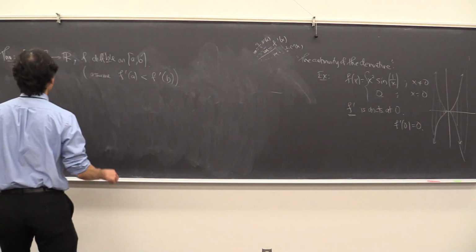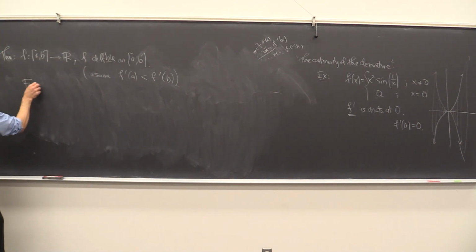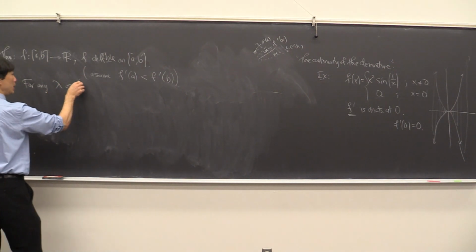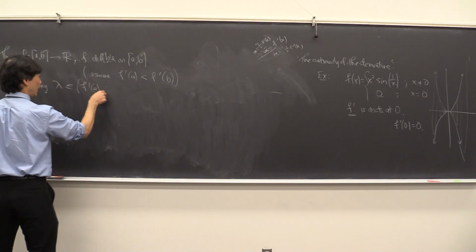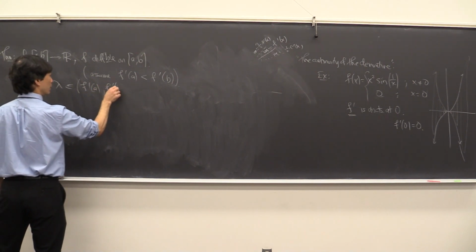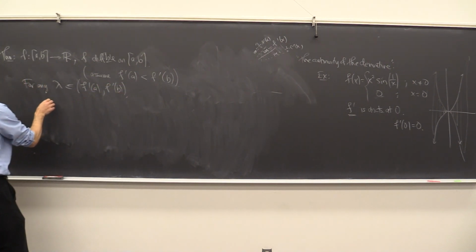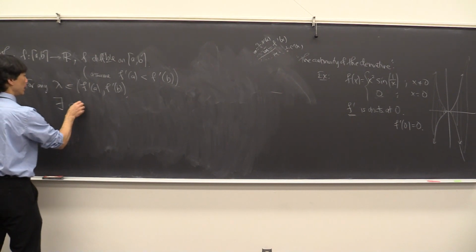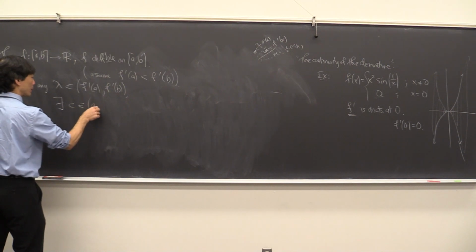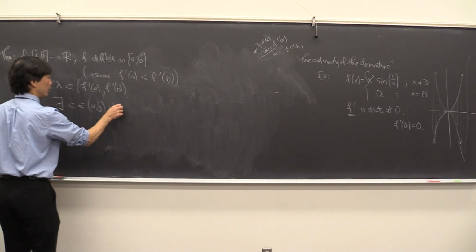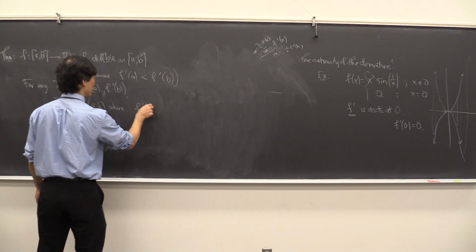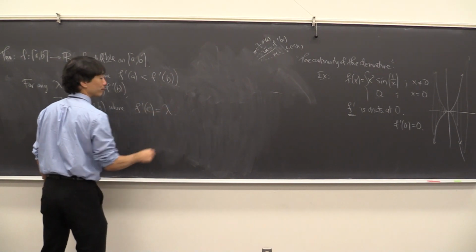Okay, so then for any value lambda between f prime of a and f prime of b, you're guaranteed a point inside [a, b] where the derivative equals that value.